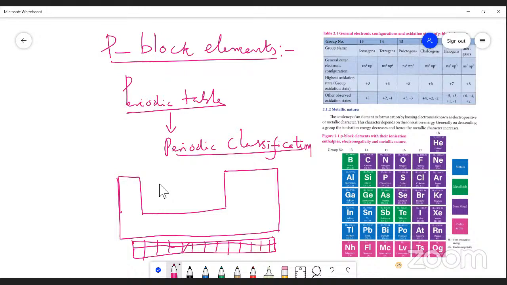There we have 18 columns here. This part contains 2 columns, and this part contains 10 columns.